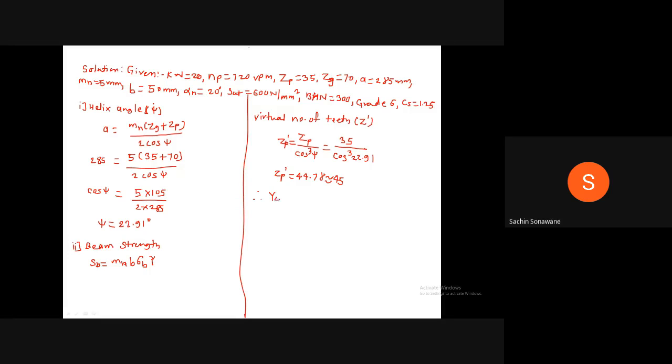Y for 45 number of teeth is equal to 0.399. Therefore, calculate now the value of SB. Beam strength SB is equal to 5 into, what is face width, 50. Sigma beam is SUT divided by 3, 600 divided by 3, into 0.399. Calculate.